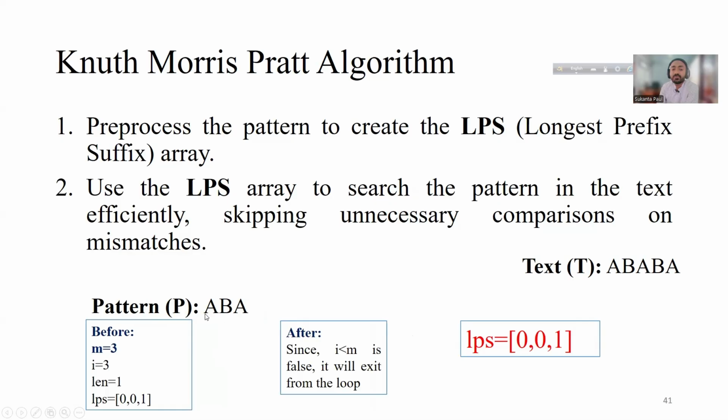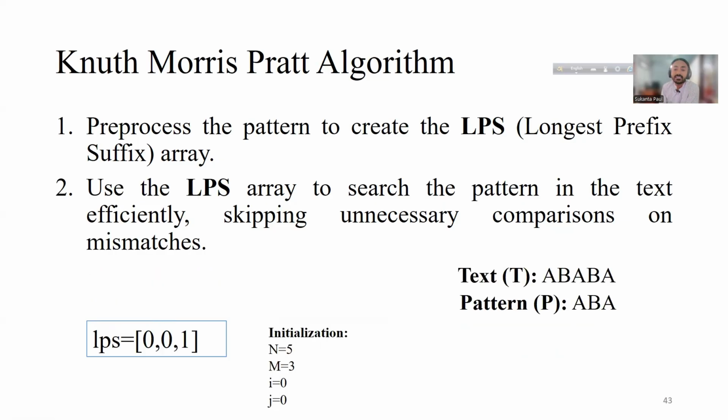It means we got 0 length of prefix in the 0 position, 0 length of prefix in the 1st position, but 1 length of prefix in position 2. Okay, now we use this LPS array to search the pattern in the text T.